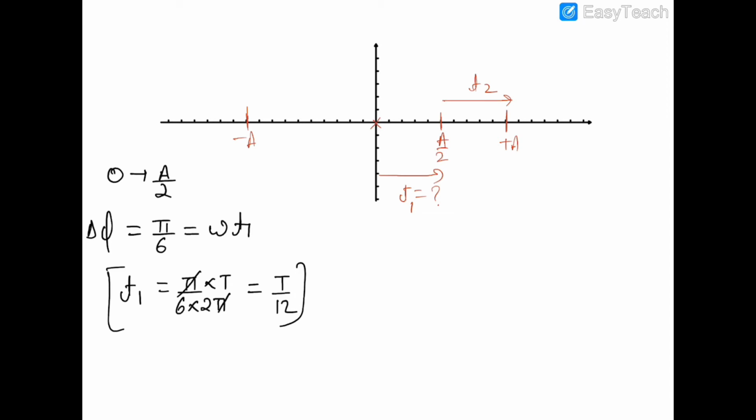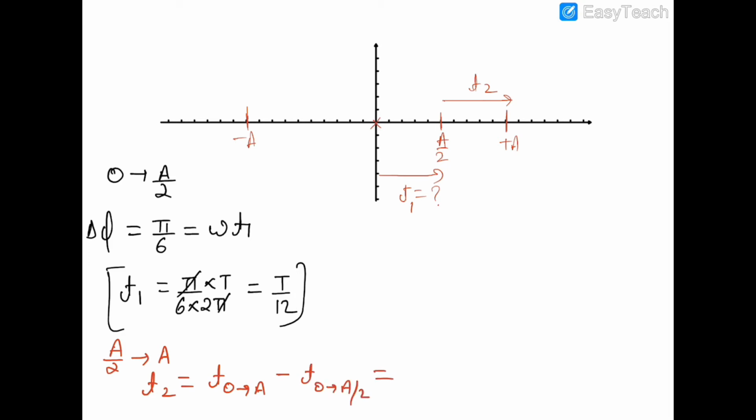Now if we have to find out the time taken by the particle to move from a by 2 to a, then we can find it out directly. We can write that to move from a by 2 to a, if this time is t2, then this time would be equal to the time taken in moving from 0 to a minus the time taken in moving from 0 to a by 2.